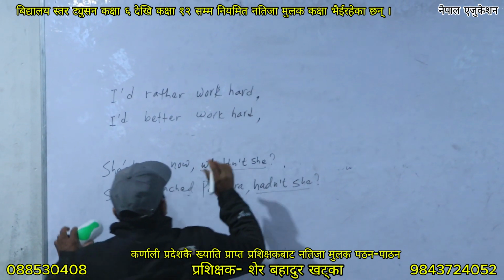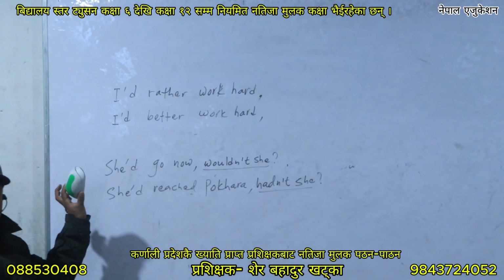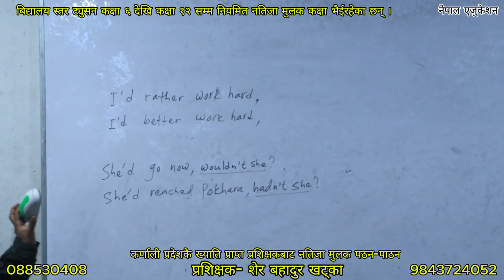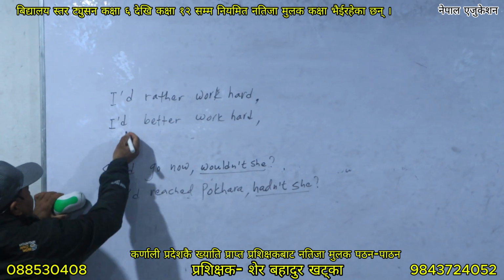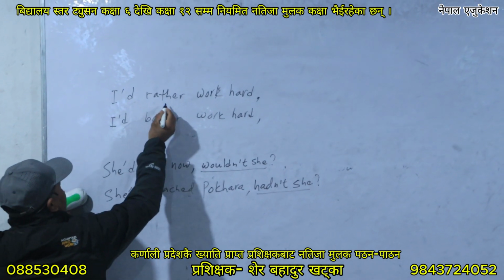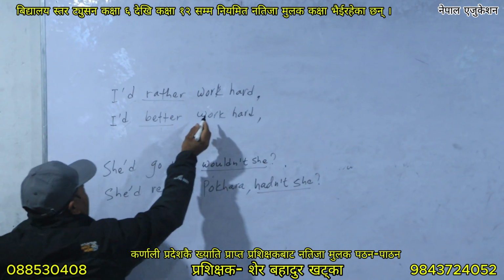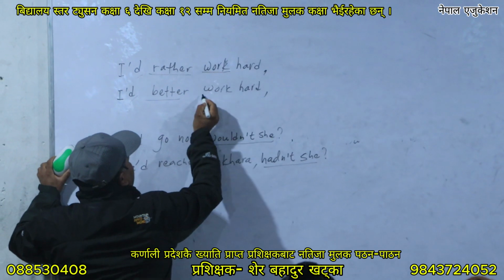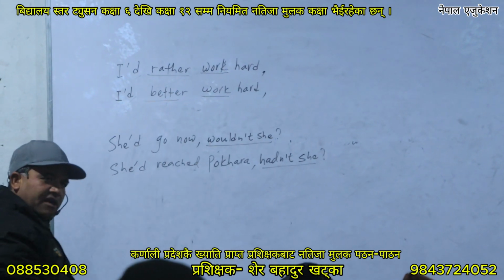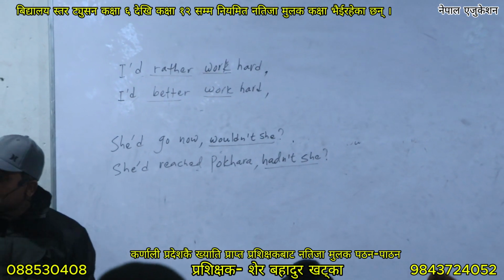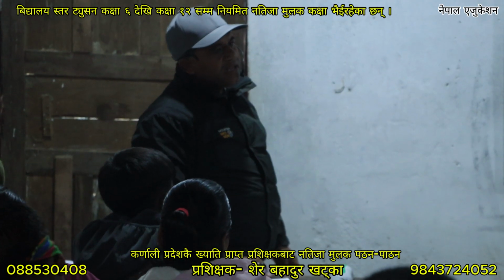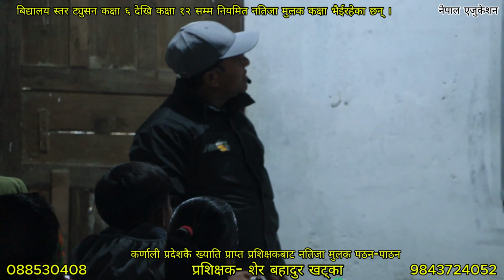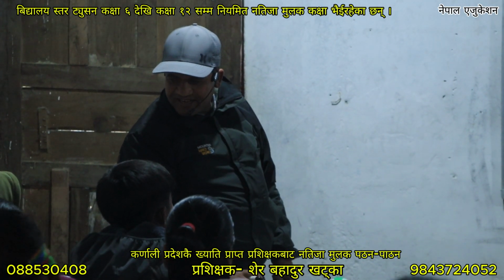These two sentences look similar. They look similar. Say, there is 'd, there is what? Rather and better. What is work and what? Work. But what is the question tag? It is a little bit different here. How can you make it? The second one?